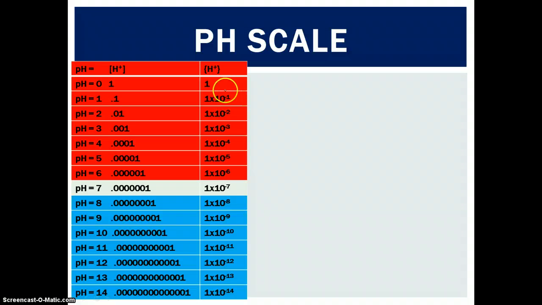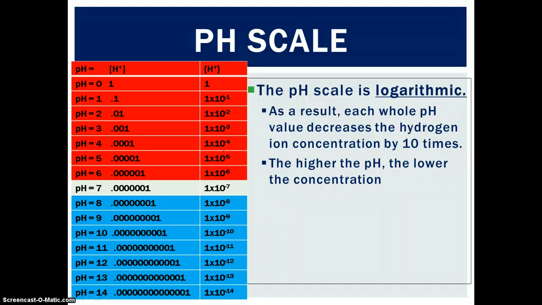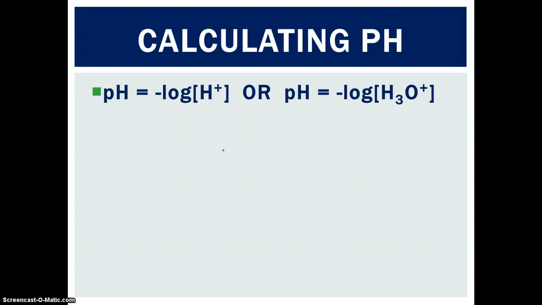We can see that a pH of 1 is times 10 to the negative 1, a pH of 2 times 10 to the negative 2, 3 times 10 to the negative 3, and so on as you go through. This again shows you that every increase of pH is a 10 times smaller number. And the higher the pH, the lower the concentration of hydrogen ion.